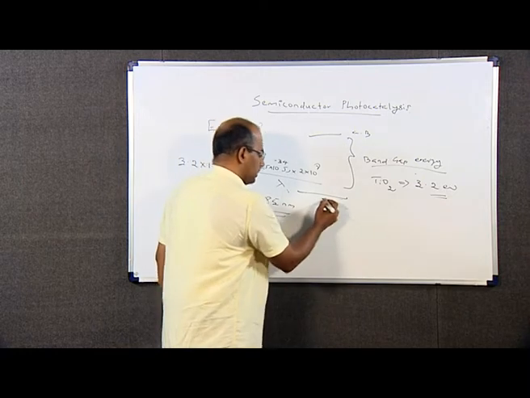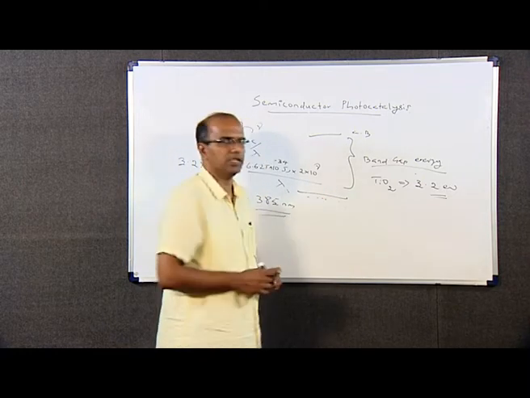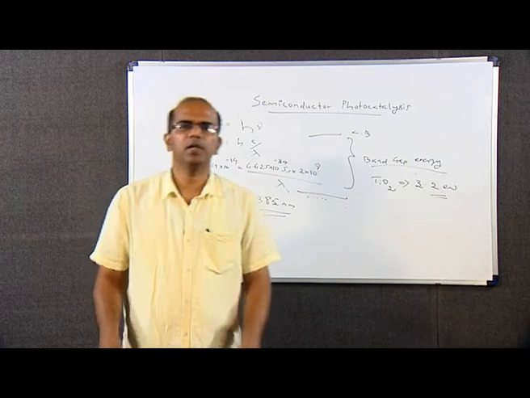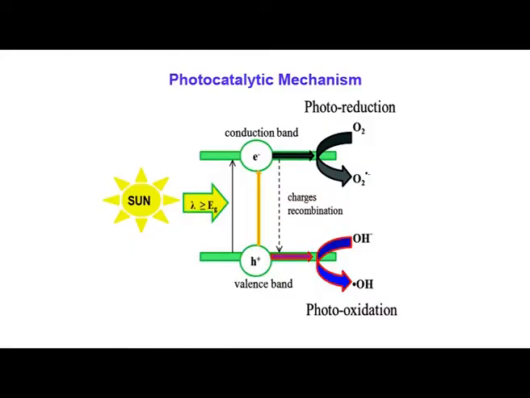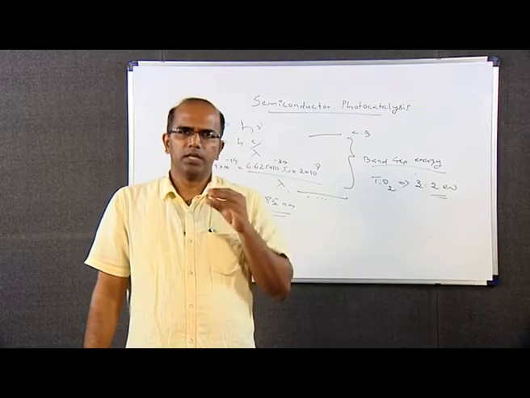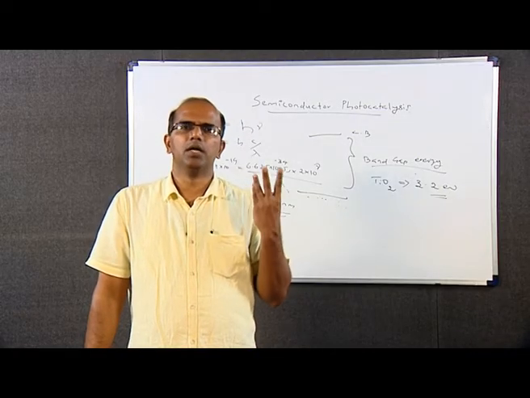Valence band means it is full of electrons. If you look at the picture, the valence band is represented by full of electrons and the conduction band is empty. So, if you put the energy of light having wavelength 385 nanometer, from the valence band, an electron will be ejected to the conduction band.